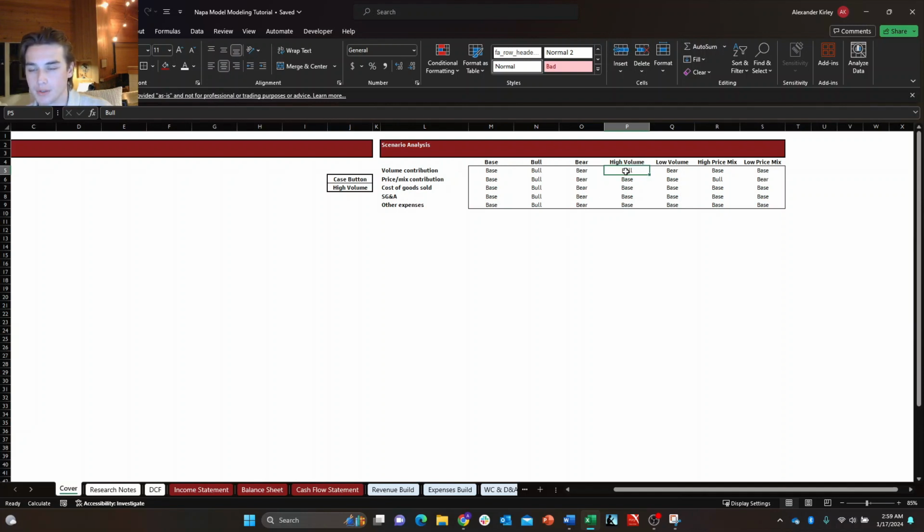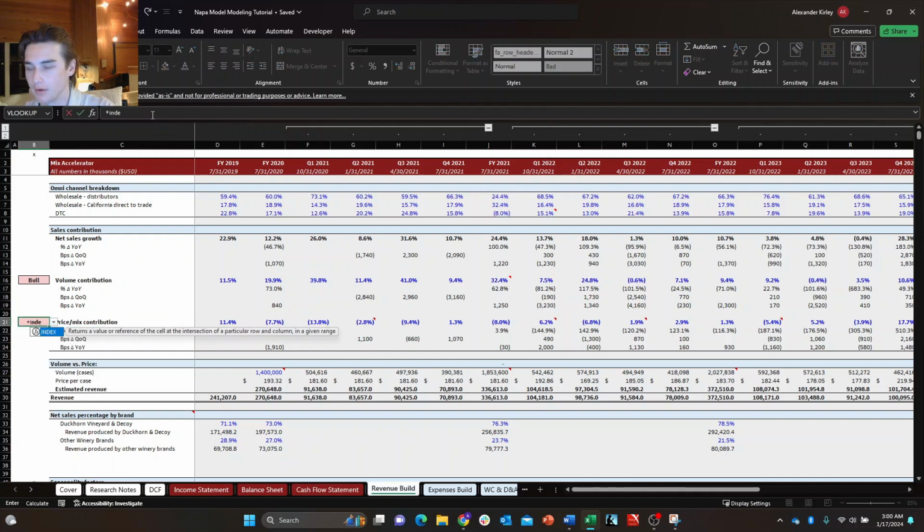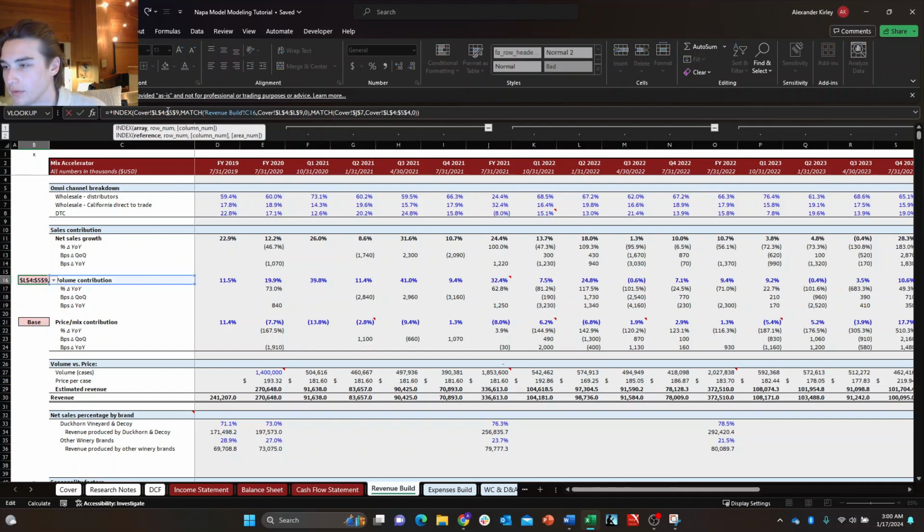So what we want to do is do the same thing to all of our line items here. So next we have our price/mix contribution. What we can probably do is copy this down so we see our index cover is matched.